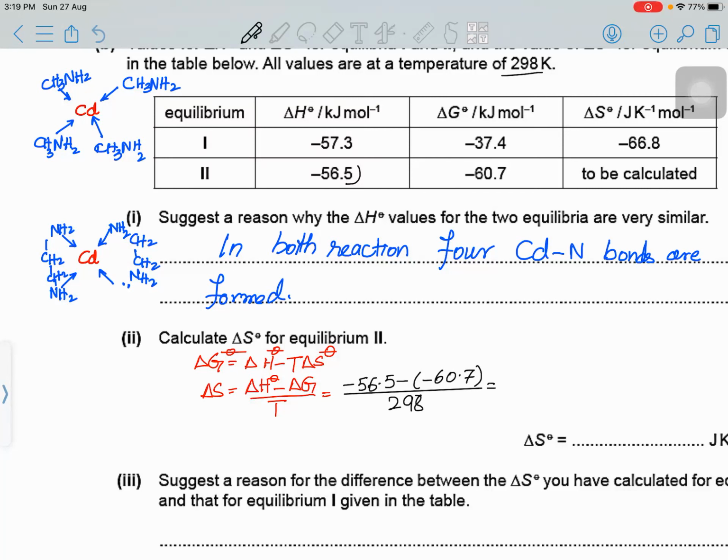Sir, enthalpy... zero. You have to convert, right? Entropy and enthalpy are both in kilojoules, but you need the answer in joules per Kelvin, right? Can you tell me the answer? Sir, 0.393. Are you sure?